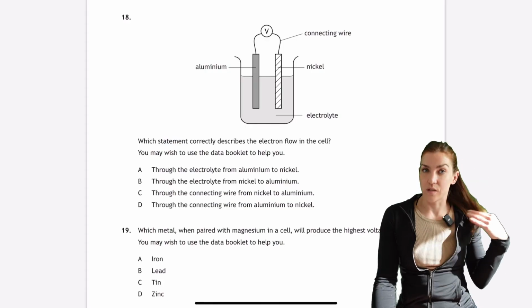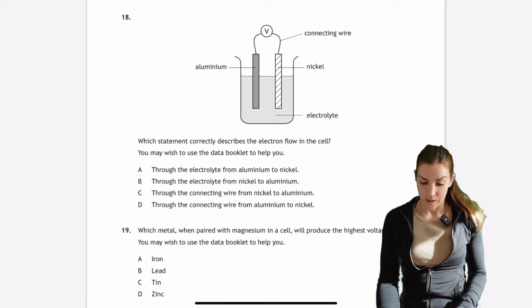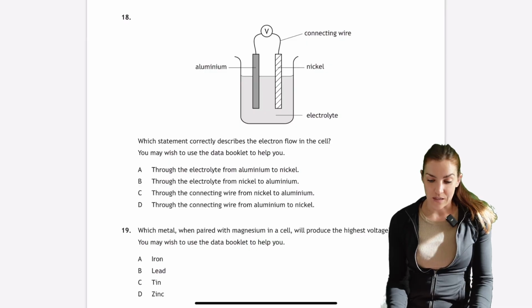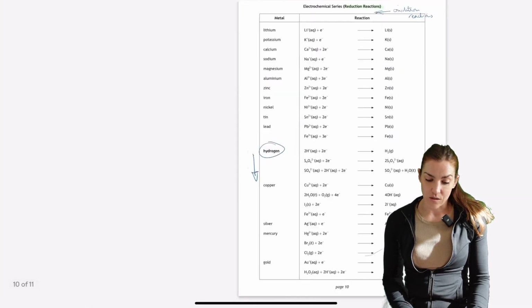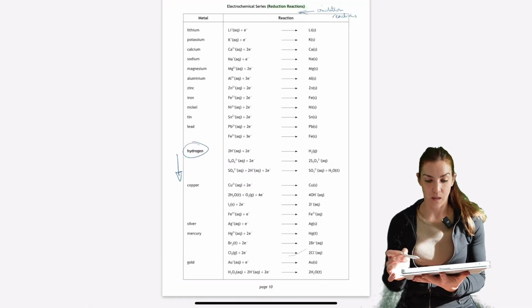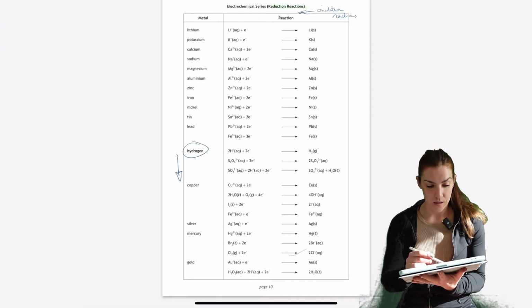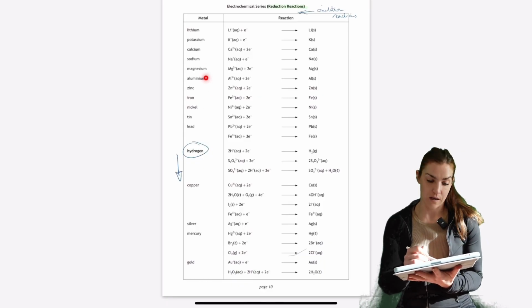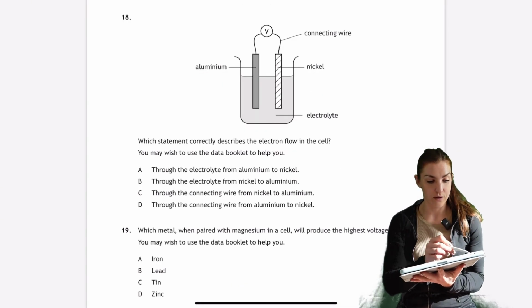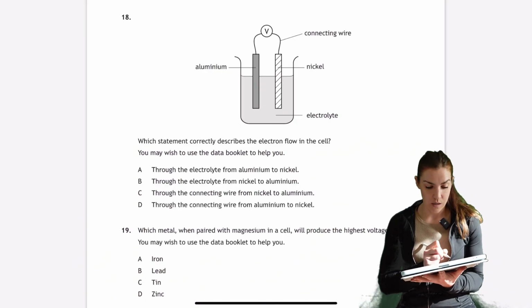But the electrons always go through the wires. They will then flow from the metal highest in the chemical series to the metal lowest in the chemical series. So if we look, we've got the options of aluminium and nickel. Aluminium is higher than nickel, which means the electrons will flow from aluminium to nickel through the wires. So it will be D.